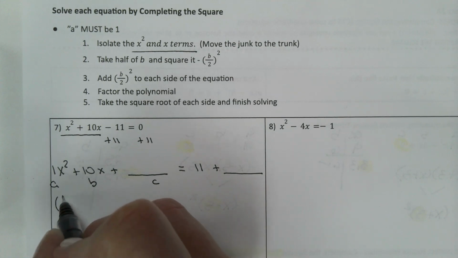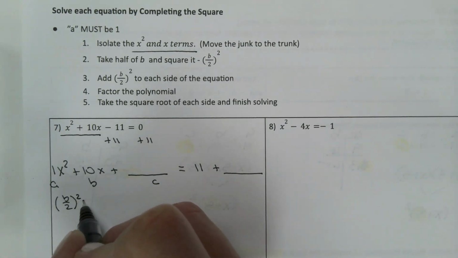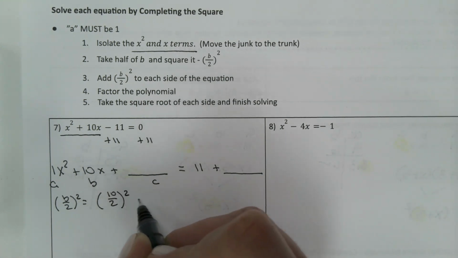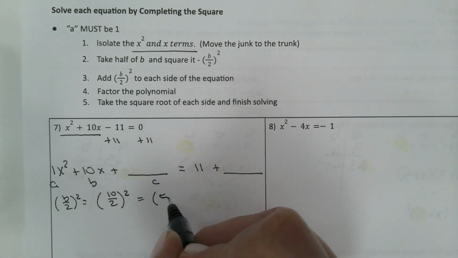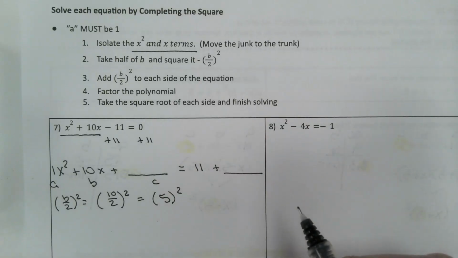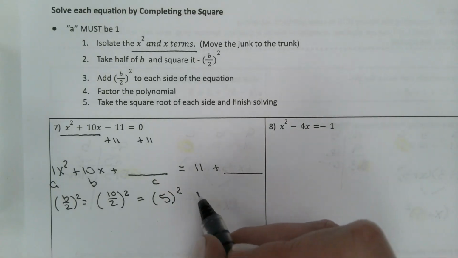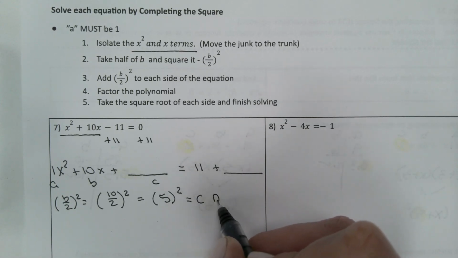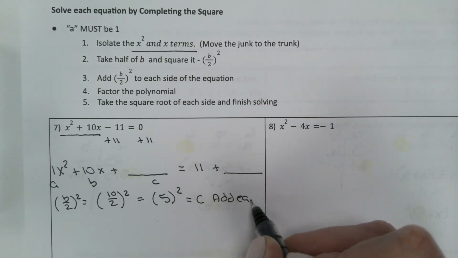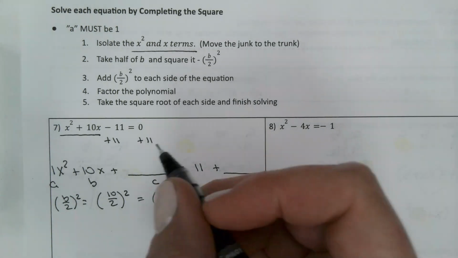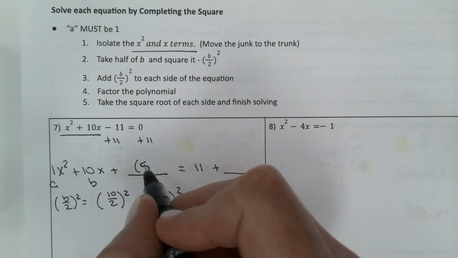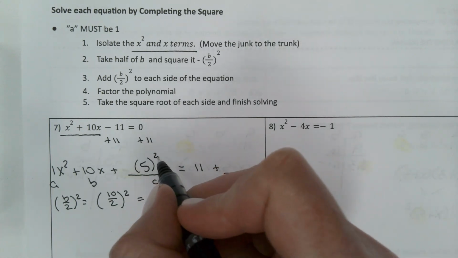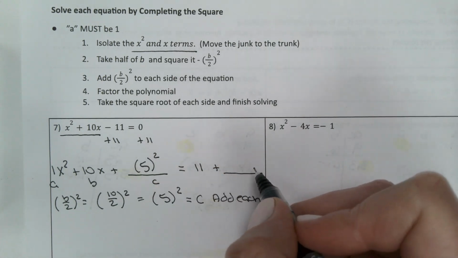So we're going to go b divided by 2 squared. So b is 10. 10 divided by 2 is 5 squared. And this equals c that we're going to add to each side. So I'm not going to write that out as 25. I'm going to write it as 5 squared.